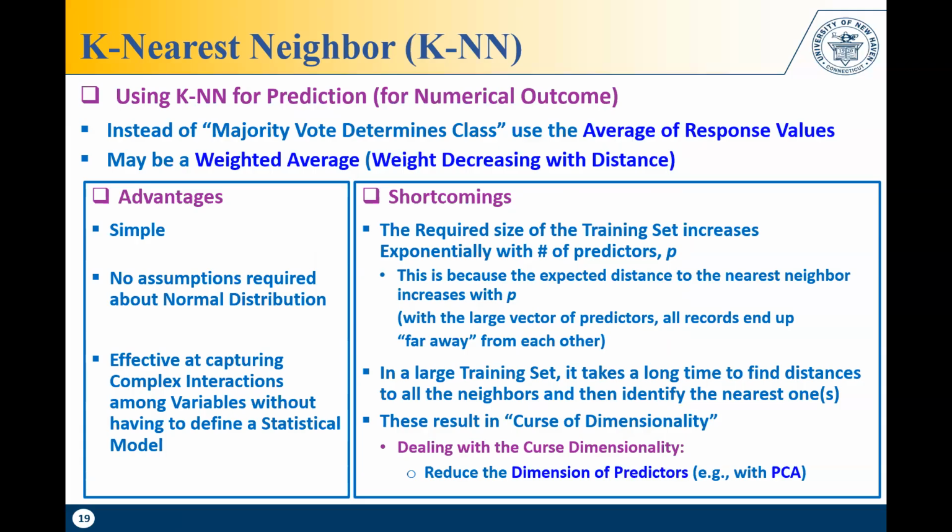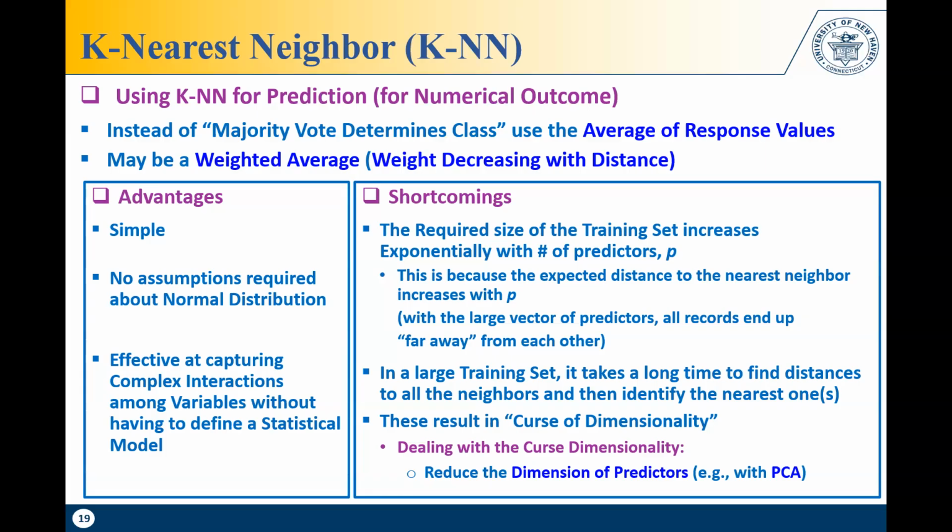There are some pros and cons for using the weighted average. The advantages would be, 1, it's simple. 2, no assumptions required about normal distributions. And finally, it's effective at capturing the complex interaction among variables without having to define a statistical model.